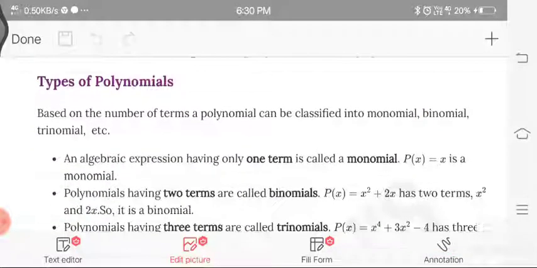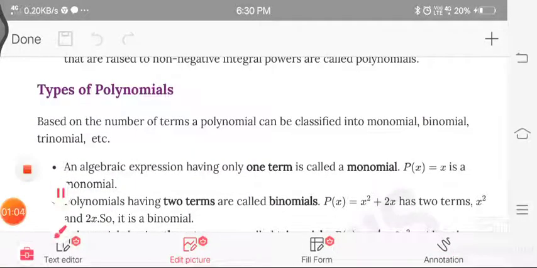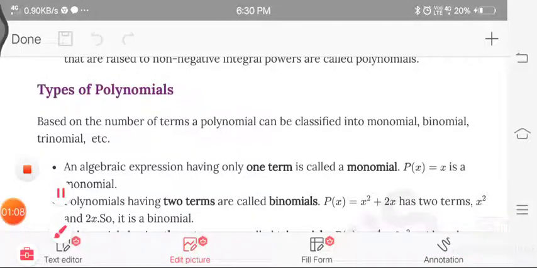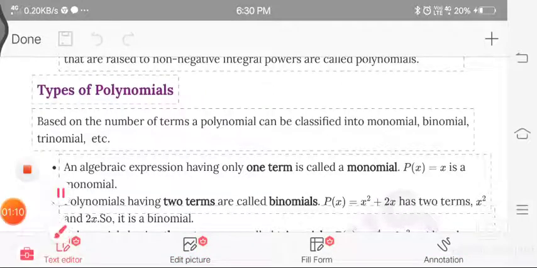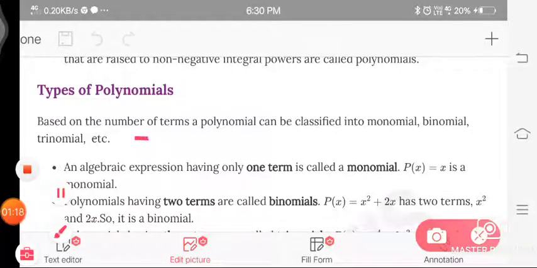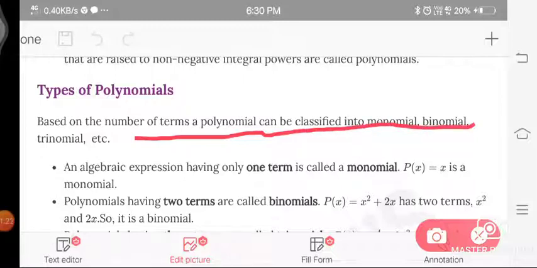Okay, so now we discuss the types of polynomials, based on the number of terms. A polynomial can be classified into monomial, binomial, trinomial, etc. So what is a monomial?